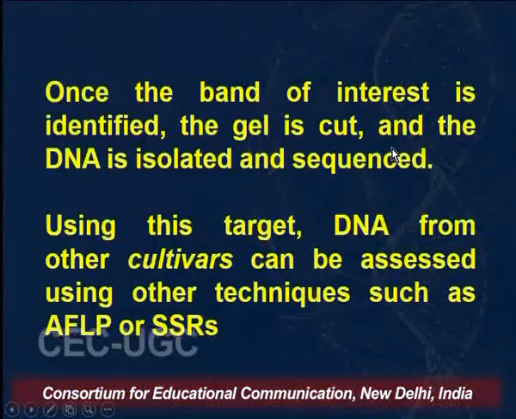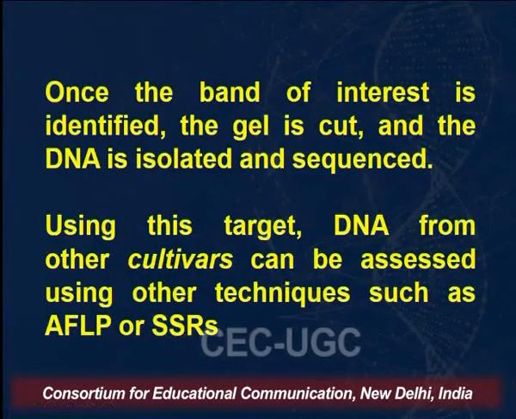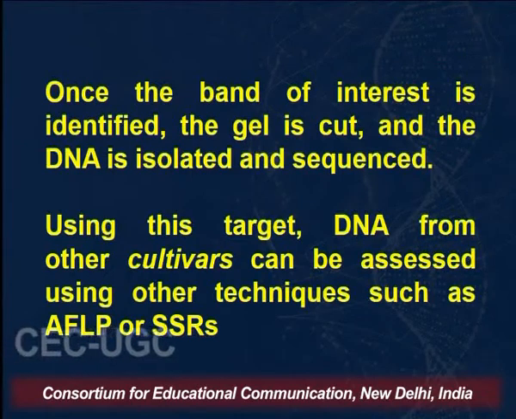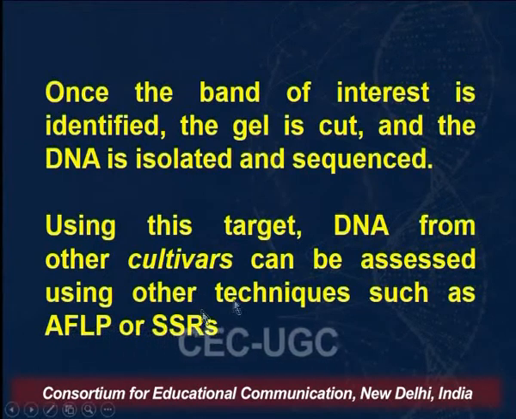Once the band of interest is identified, the gel is cut and the DNA is isolated and sequenced. Using this target, DNA from other cultivars can be assessed using other techniques such as AFLP or SSRs.